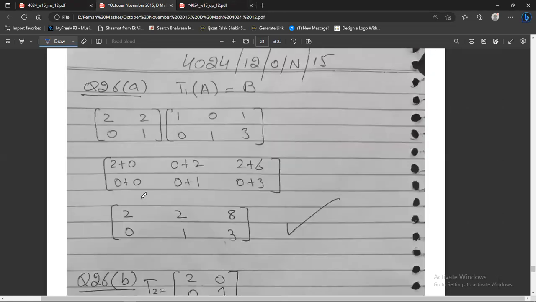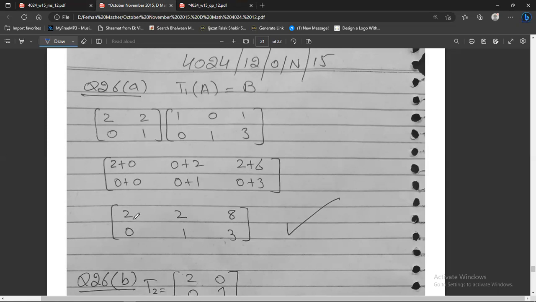Very simple, straightforward question. So 2 ones are 2 plus 2 zeros are 0. 2 zeros are 0 plus 2 ones are 2. 2 ones are 2 plus 3 twos are 6. Now this row will multiply: 0 plus 0, 0 plus 1, 0 plus 3.